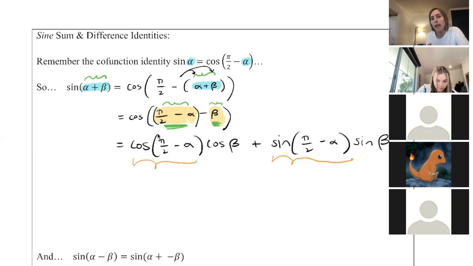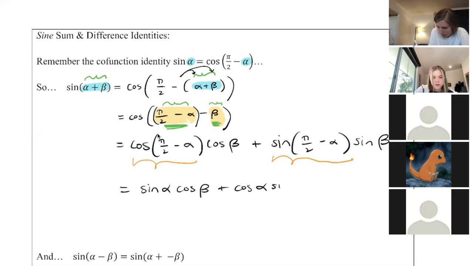And then we're going to replace the sine of pi over 2 minus alpha with its cofunction identity, which is just cosine alpha. So that's the sum identity for sine. I'm going to write it out again.